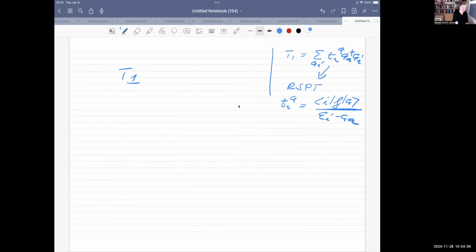Now, if we think of that, then this T1 diagrammatically could be represented in terms of a dot here, where this dot represents this specific integral. And then we have a one particle, one hole excitation which is being created. So this is an A, and this is an I.